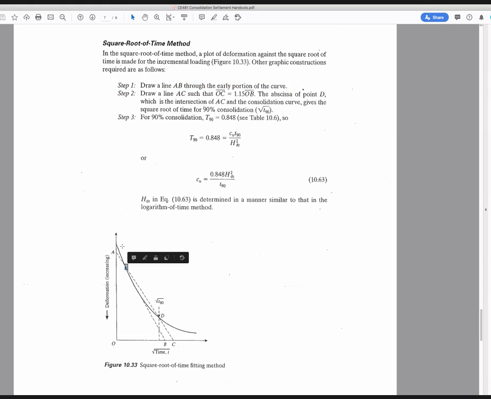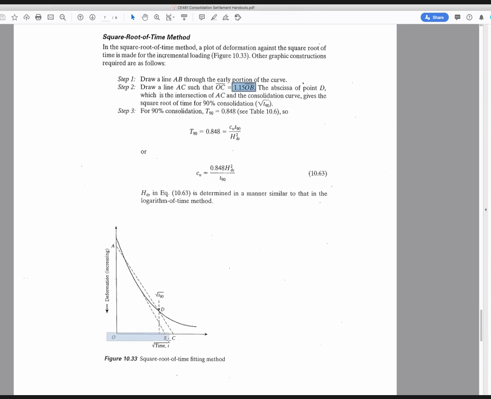AB, you're finding a tangent to this main early portion of the curve, and having that come down to point B. And then you'll draw line AC to ensure that the distance between origin and C is 1.15 times that of origin to B. So you get this distance and then multiply by 1.15, that gives you point C, and you shoot back to point A. It's another graphical type technique, and you will intersect your curve right there.